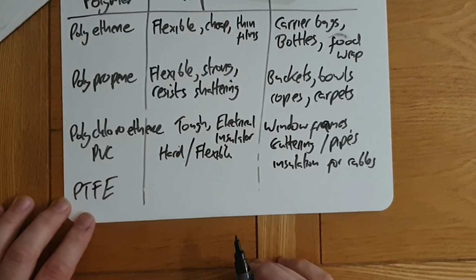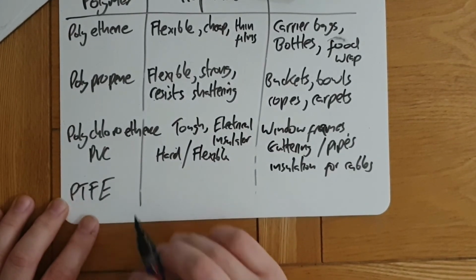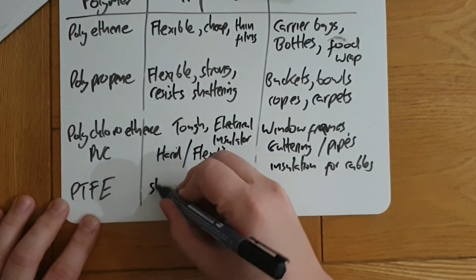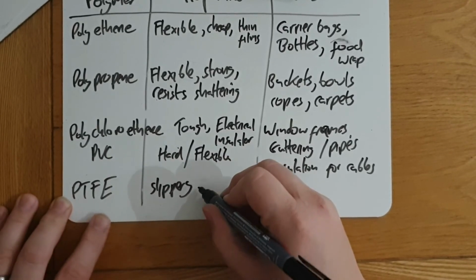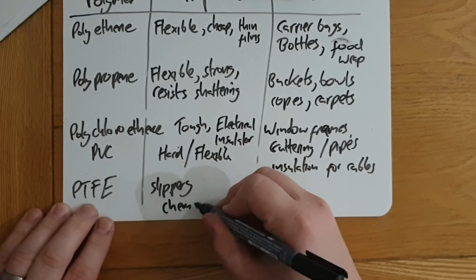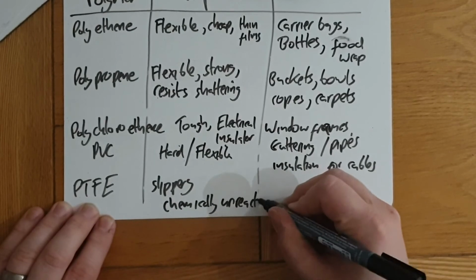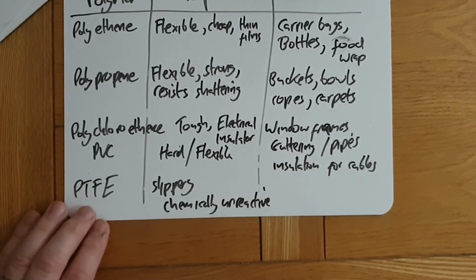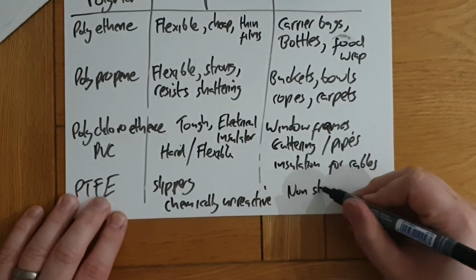And then the last one we've got, which is PTFE, I won't write the full name out here, polytetrafluoroethylene. So the properties: it is very slippery, and it is chemically unreactive. So it gets used for non-stick pans.